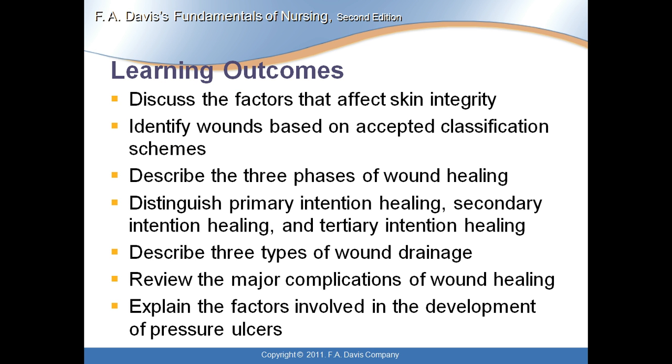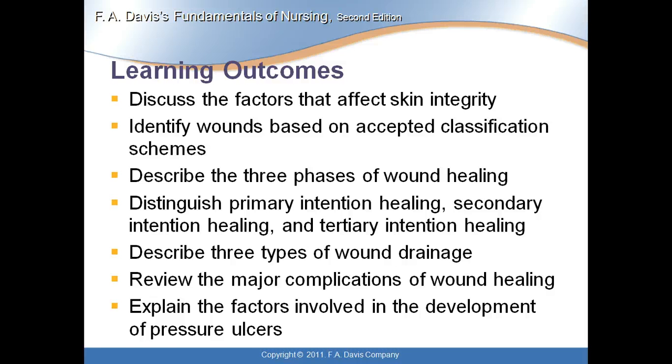So for the learning outcomes, we have discussed the factors that affect skin integrity. We have identified wounds based on accepted classification schemes. We have described the 3 phases of wound healing. We have distinguished primary intention healing, secondary intention healing, and tertiary intention healing. We have described 3 types of wound drainage.